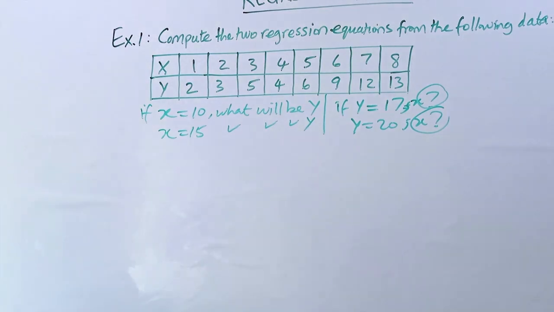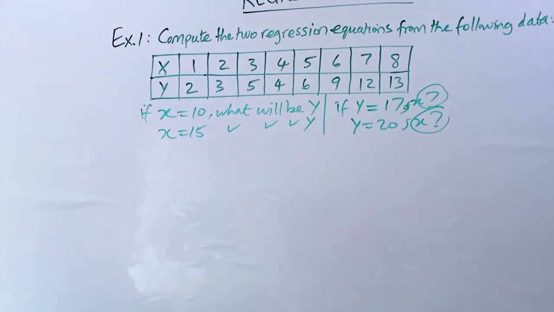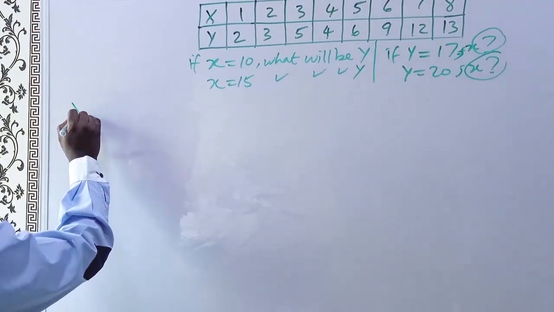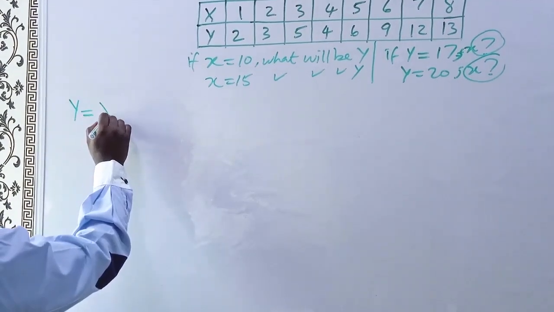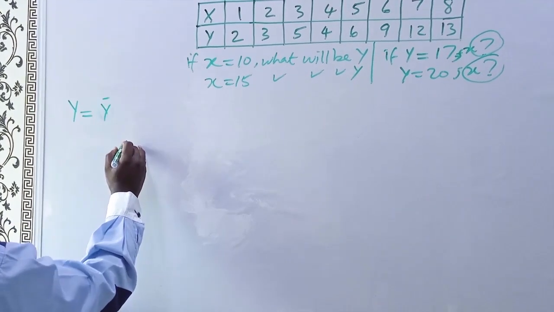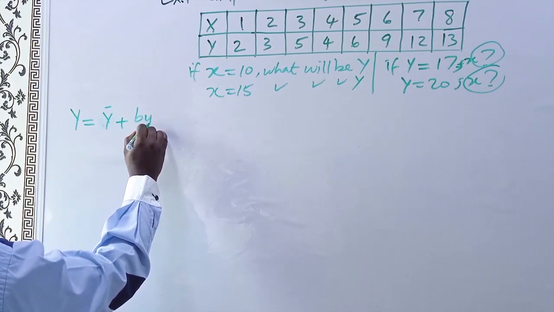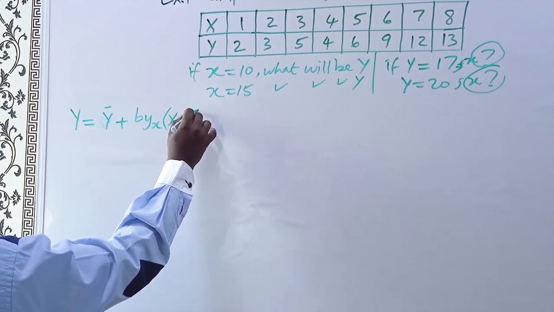The first thing we do is to write out our regression equation, what we need to find out. First of all, we want to find y. Y is equal to y bar plus the slope of y on x, all into x minus x bar.